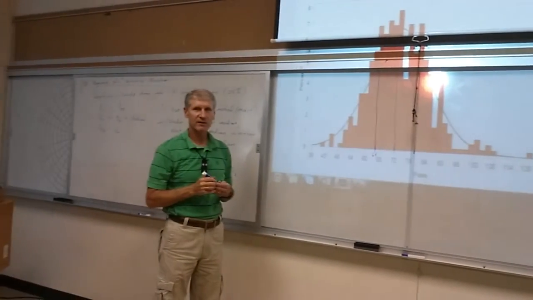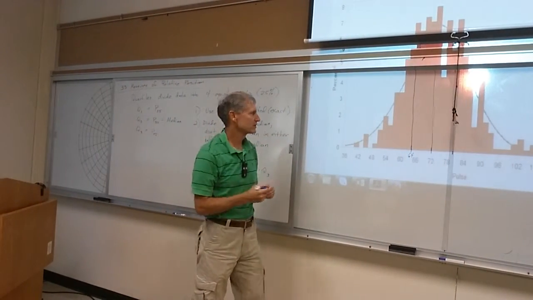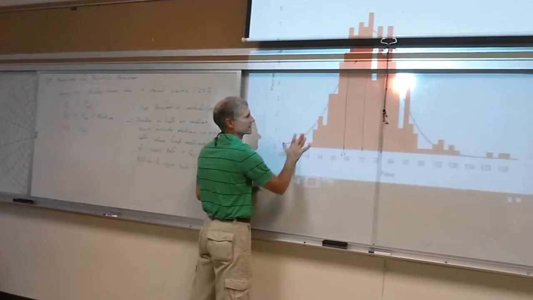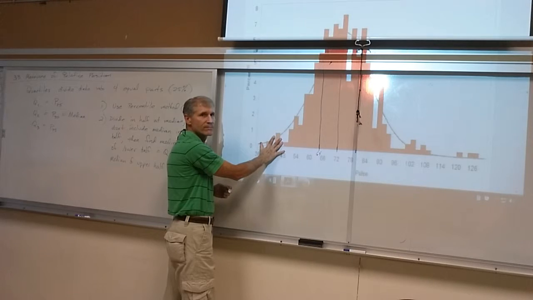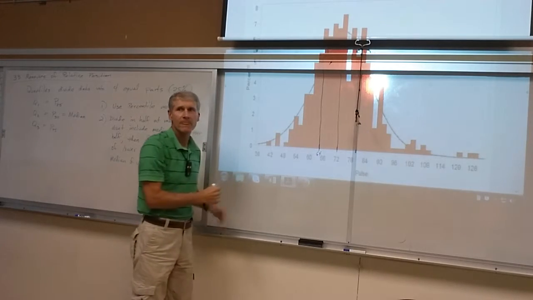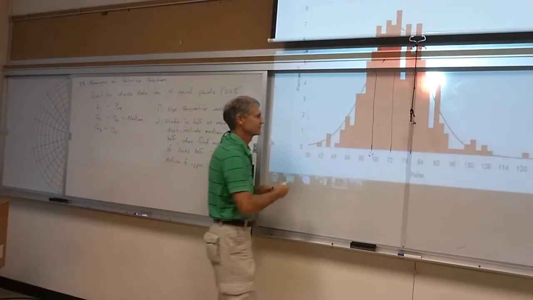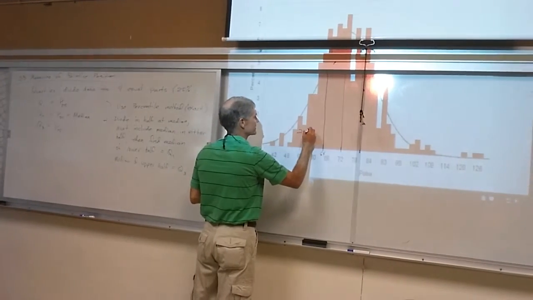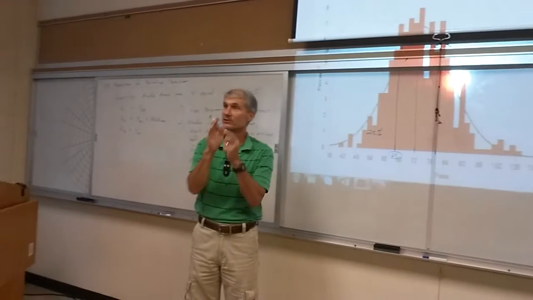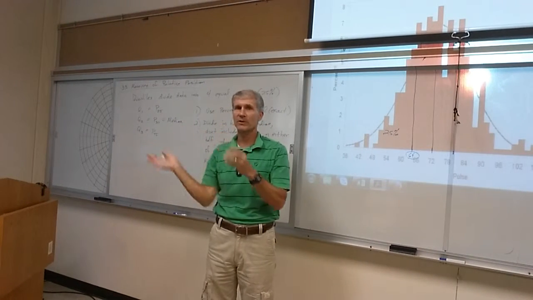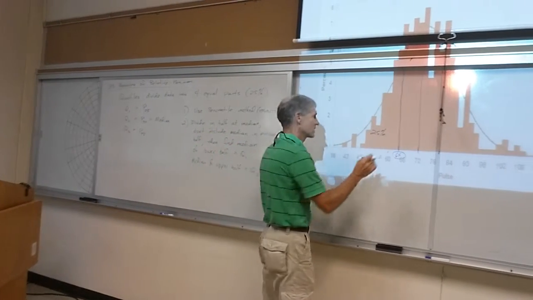what percent of the observations fall down here in this tail? 25%. Good. That's the definition of quartile. It's the 25th percentile, which has 25% of the data at or below it. Right?